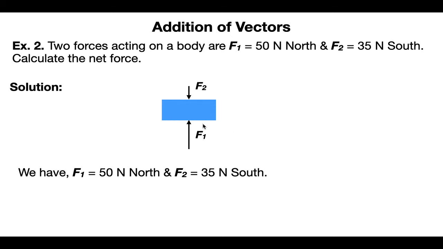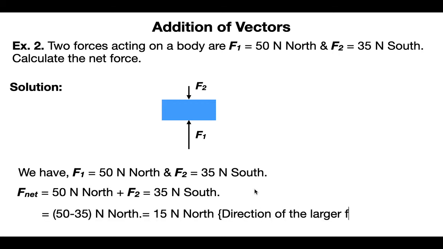We know that this is dominant force. F1 is dominant force. The net effect is difference of the two. So F1 vector, F2 vector. We don't get 85 in this case because this force F2 is in opposite direction. It has to be subtracted. Net force will be 15 Newton north in the direction of the larger force.